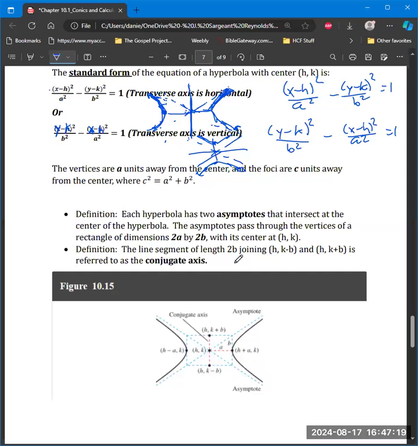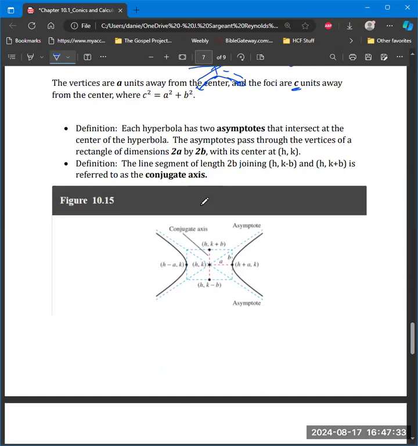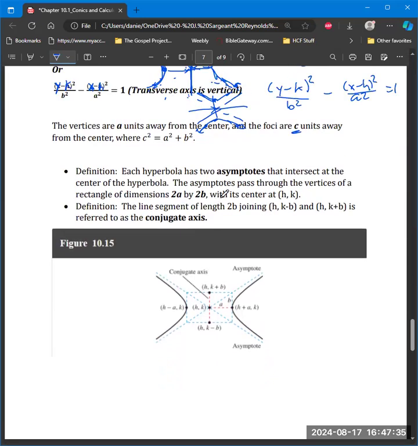All right. Speaking of asymptotes, I already told you about a squared plus b squared equals c squared, which is how you can find the distance c, which is how far the foci are away from the center.